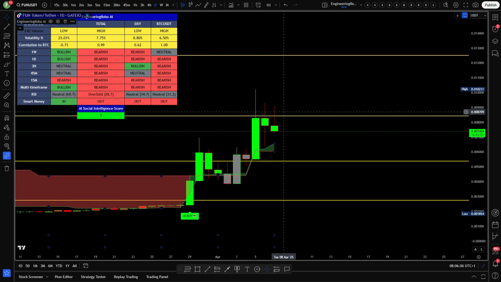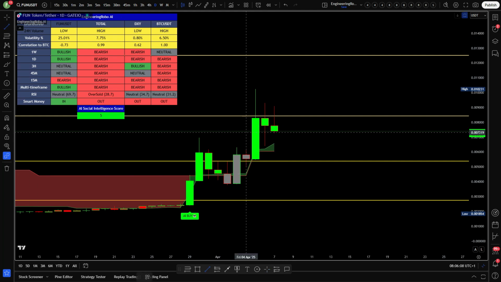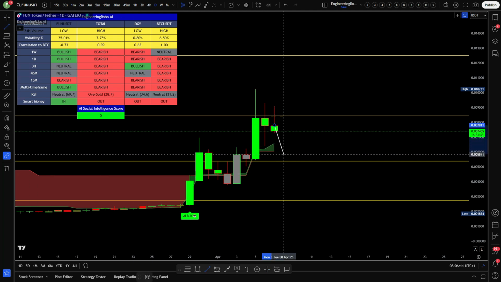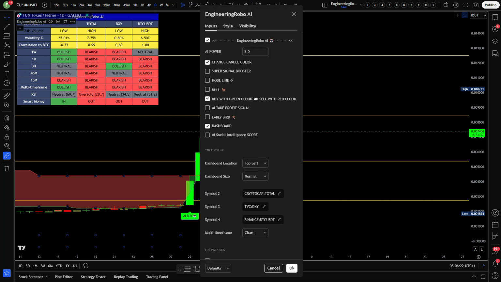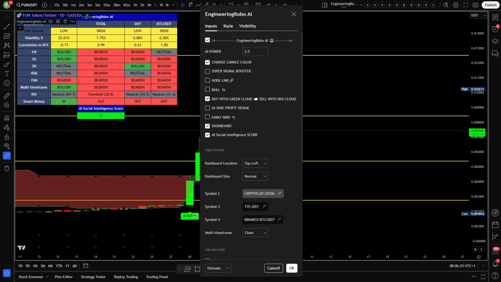It's not actually quite thick at the moment, but price is pulling back to potentially test this cloud or this area here, which is kind of healthy for decent price action. The intelligence score has just jumped off the screen.